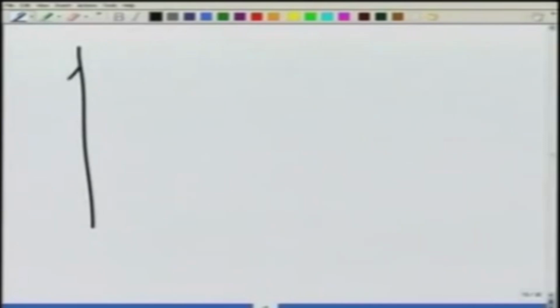Let me redraw the whole thing. This is the diagonal.